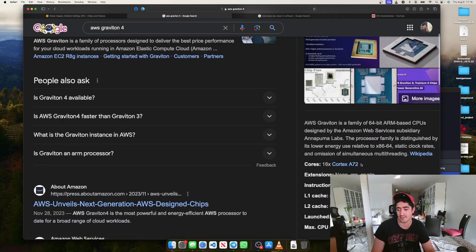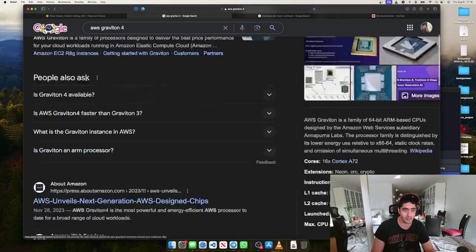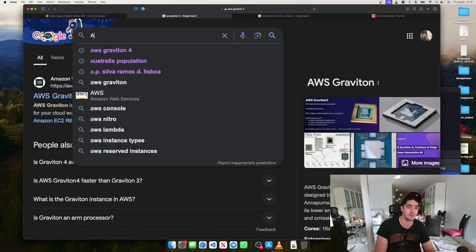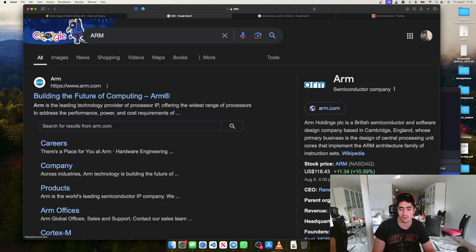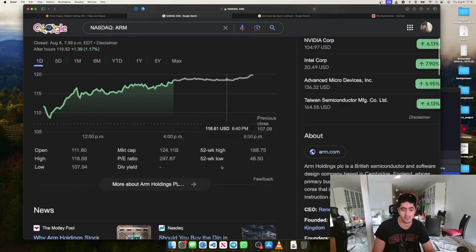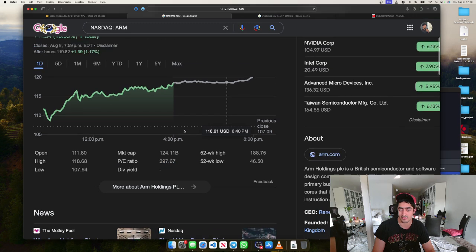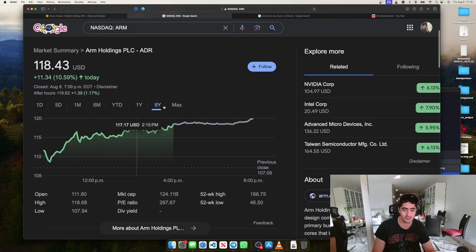This is the chip. Oh, it's Cortex A72. ARM designed this. Oh, ARM is going crazy. Let's just look at this.